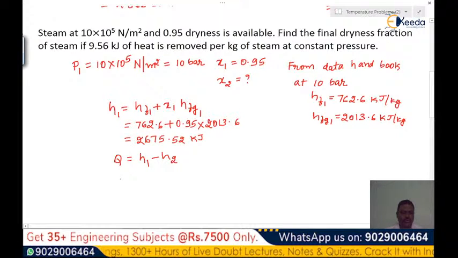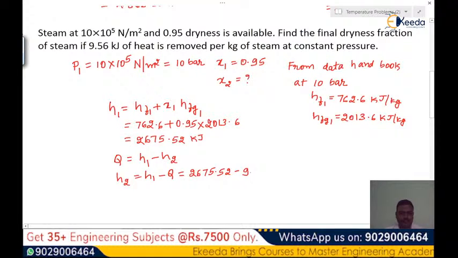In that case, this H2 will be H1 minus Q. Here H1 is 2675.52 minus Q, that is 9.56 kilojoules of heat removed.